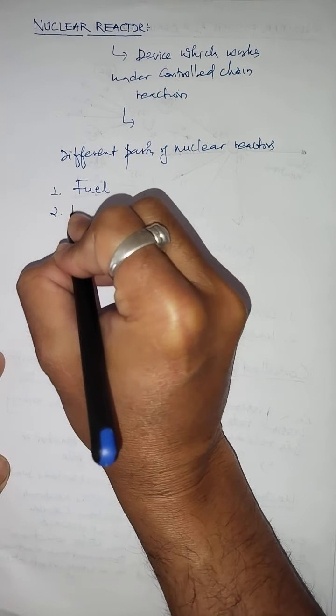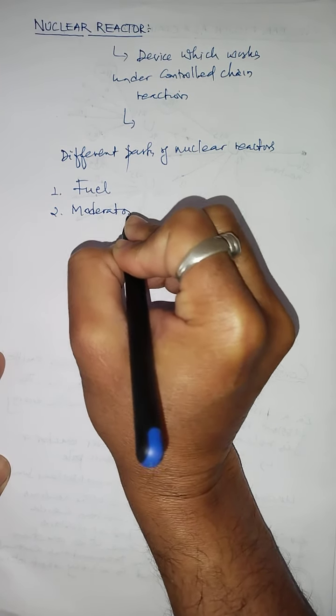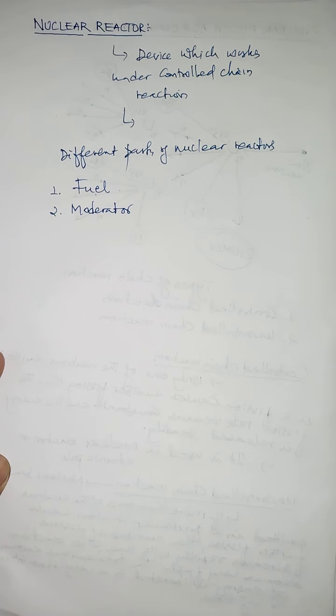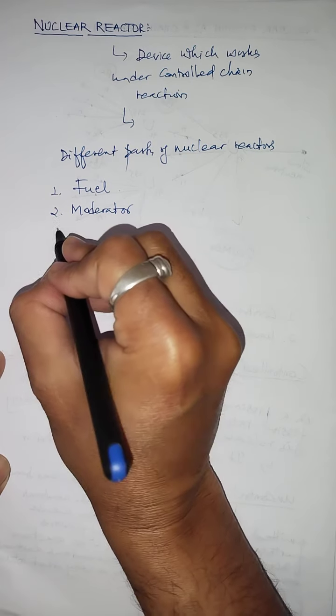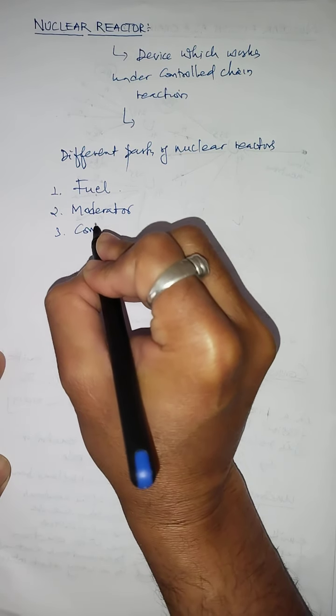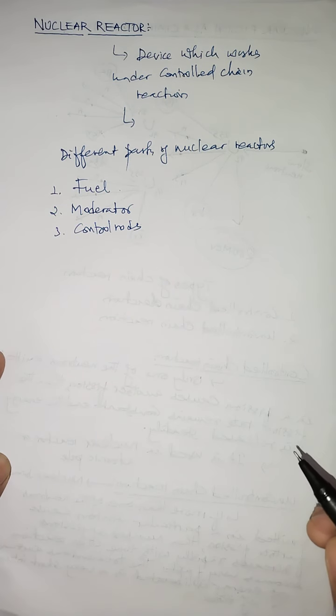Then followed by we have a moderator. Then number 3 is called control rods.